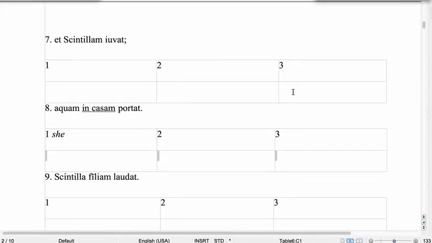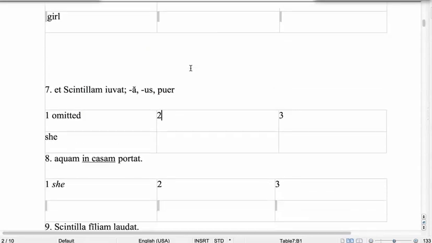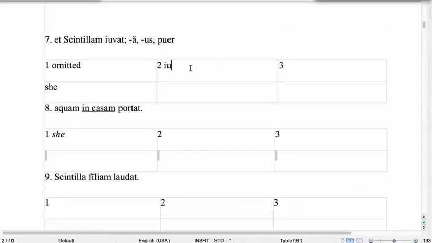Okay. Number 7. There's only 3 words in the sentence, none of which are nominative. That is, none ends in short A, none ends in US. The only one is the word puer. There's 3 nominatives that we know in this reading. So the subject is omitted. Is same as before. So she, the girl that we had before. The verb is juvat, helps.